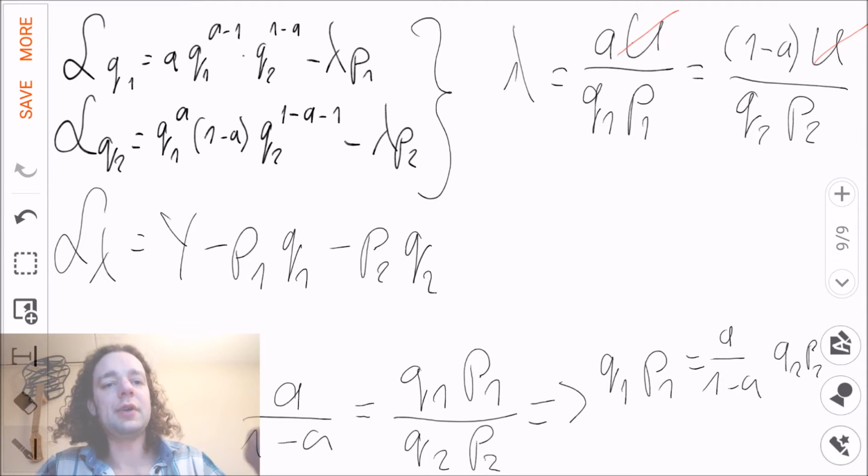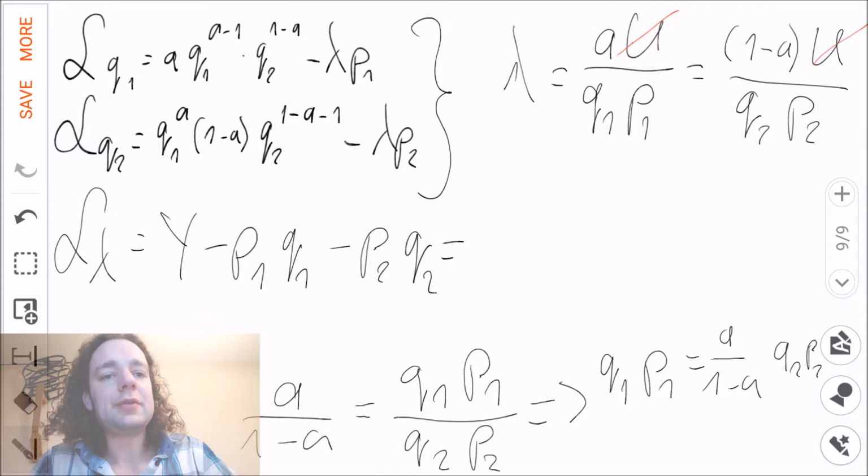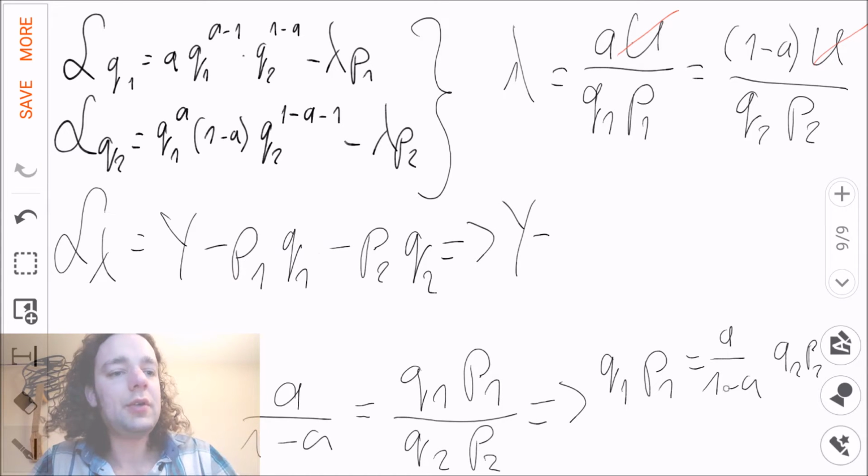It almost fits, right? So let's rewrite this one. So the Y is there, minus P1 Q1 will enter this, so A divided by 1 minus A, multiplied by Q2 P2, and then minus P2 Q2.